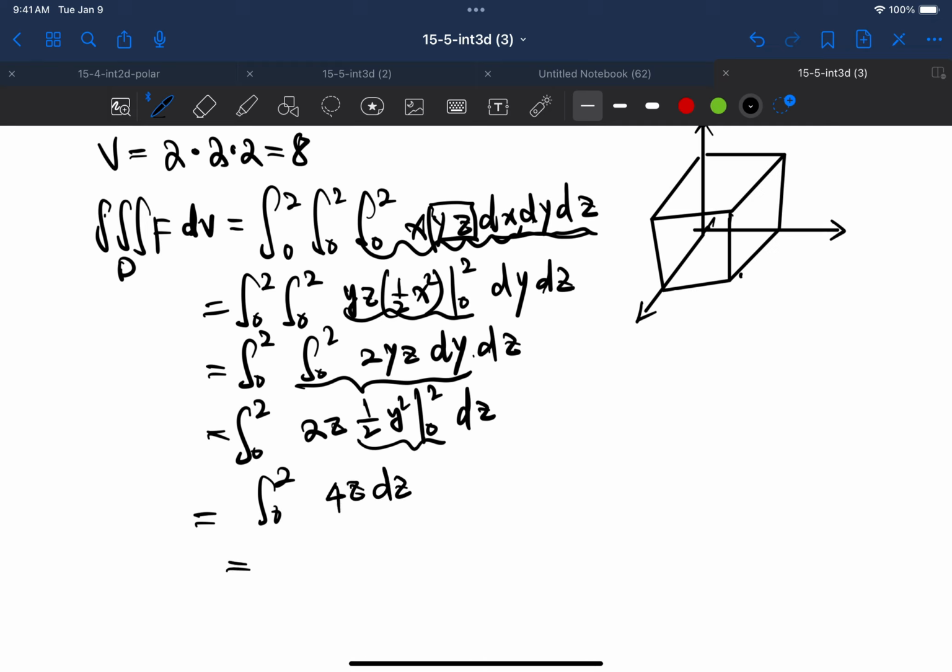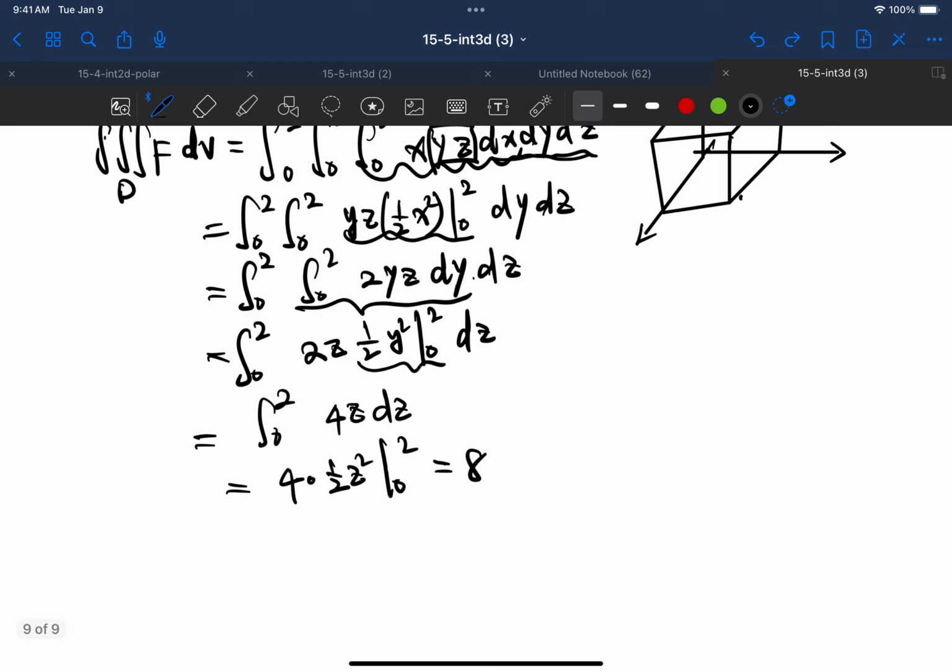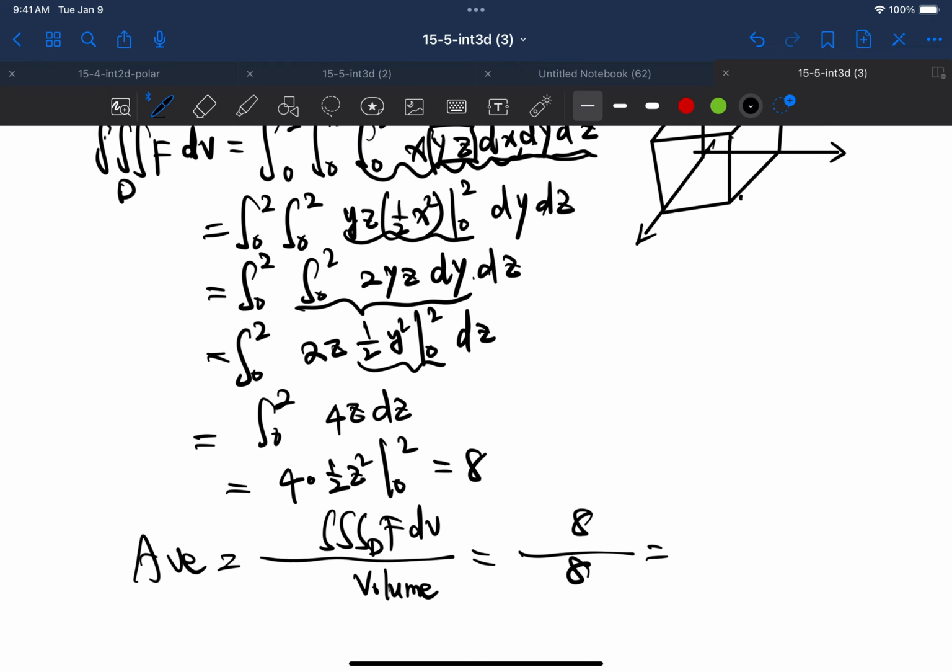And at the end, this is 4 times 1/2 z squared from 0 to 2, which is 8. This is not the final answer. We want to find the average, which is the triple integral of f over D dV, divided by the volume of D, which is 8 over 8, 1.